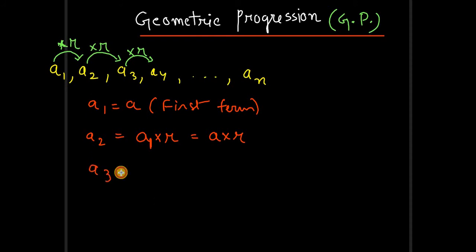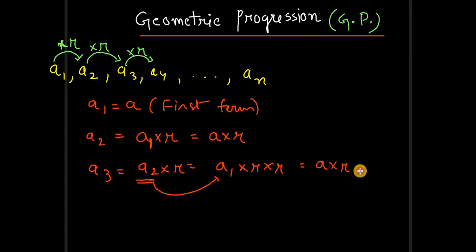Now a3 we get by a2 into r. We can write a2 as a into r, and again the remaining r, so it will be a into r into r.